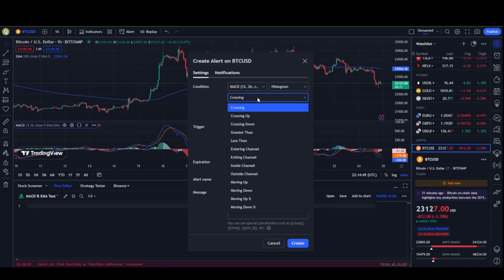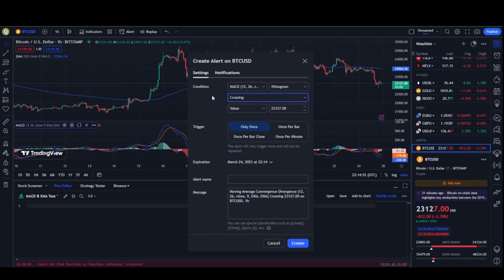We are going to choose a condition where it's crossing. So the MACD line crosses when it crosses a value of a certain price, right? So if we choose only once, the alert will only trigger once and will not be repeated.